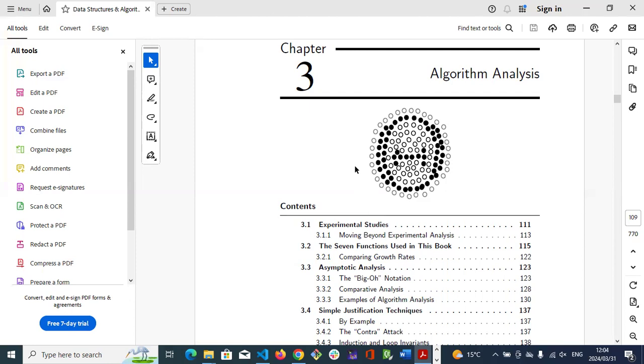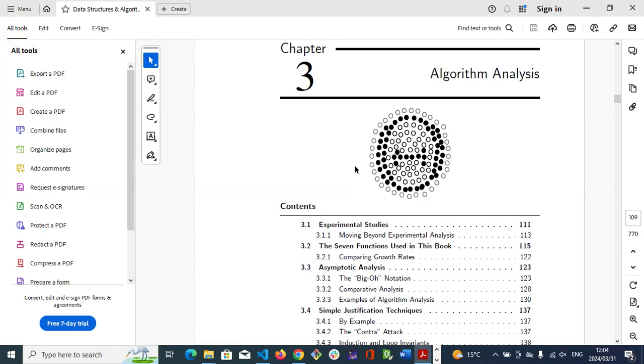So it must have a finite end for the certain task that you want to accomplish. For example, let's say I want to go to town today. The set of steps that I need to do: prepare the taxi fare, take a taxi, and then go to town, reach town. That's a finite set of steps that I need to do to go to town. Yeah, that is an algorithm.